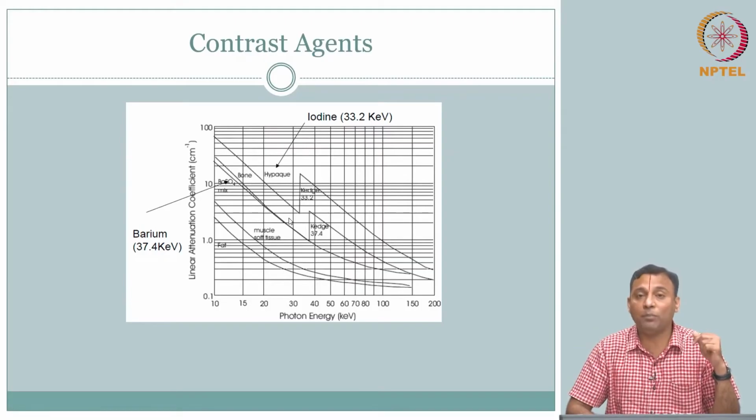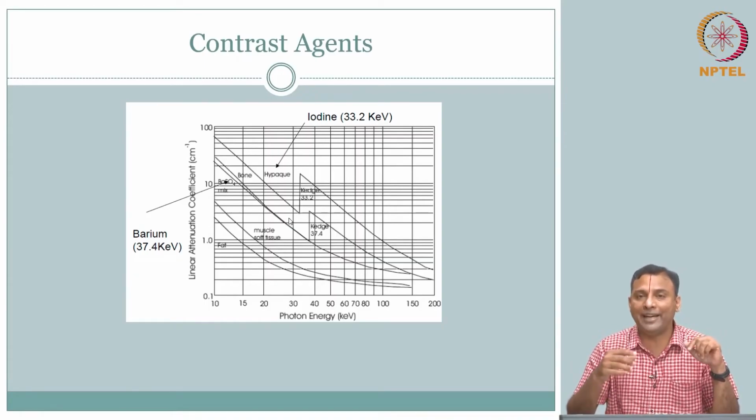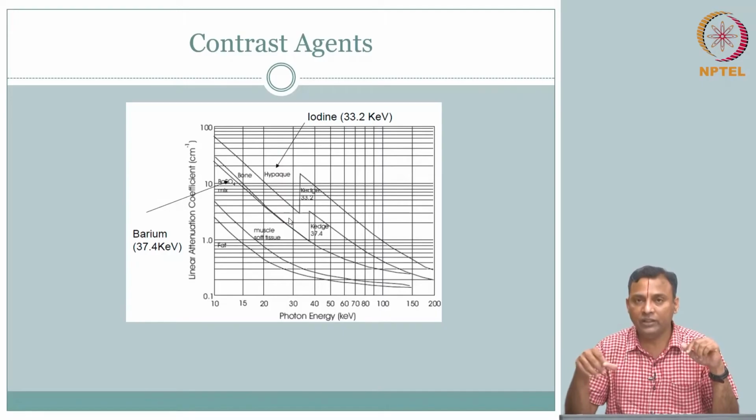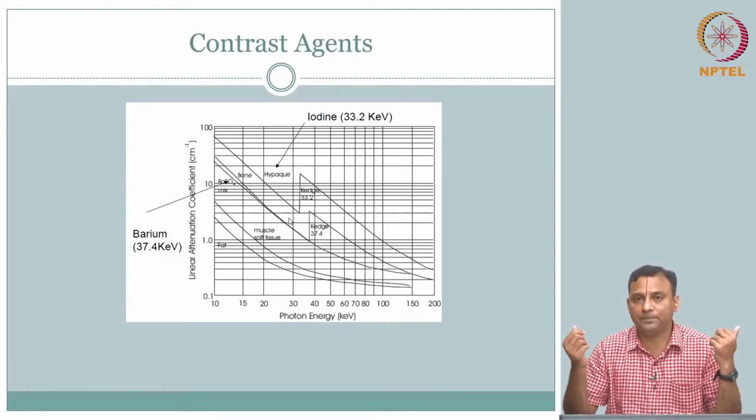Go look back at the probability of interactions that we discussed. We noticed that when the X-ray energy is close to a material's K shell binding energy, there is clearly a maximization of the effect.